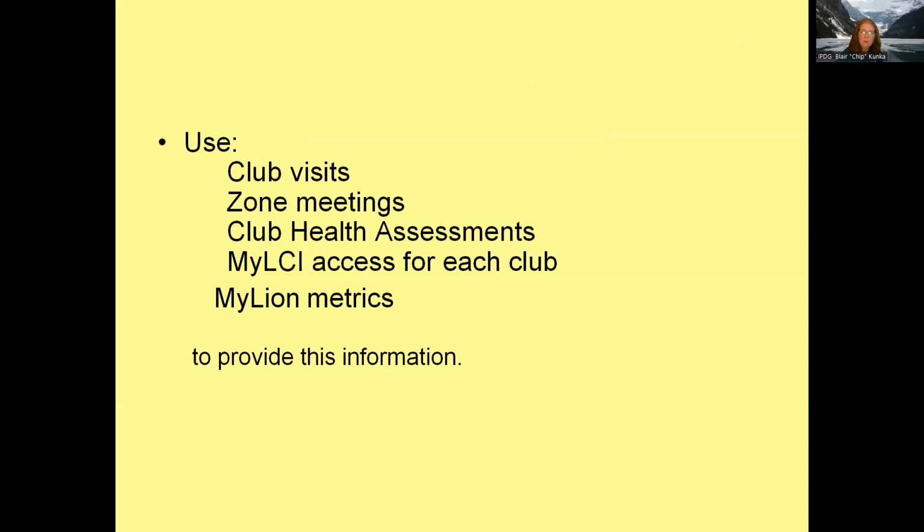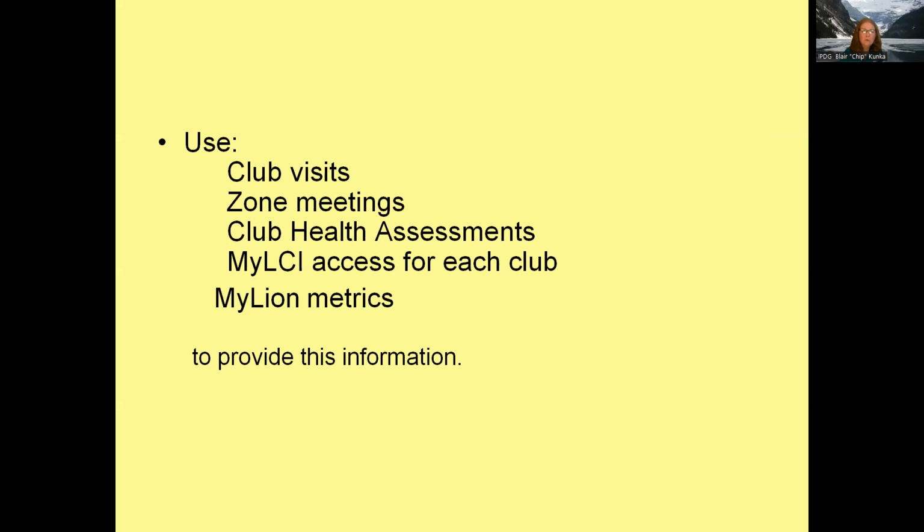For example, if the president has been president for 10 years, there's a problem. And whether each club is filing their MyLCI reports and whether they're sending in their service metrics.